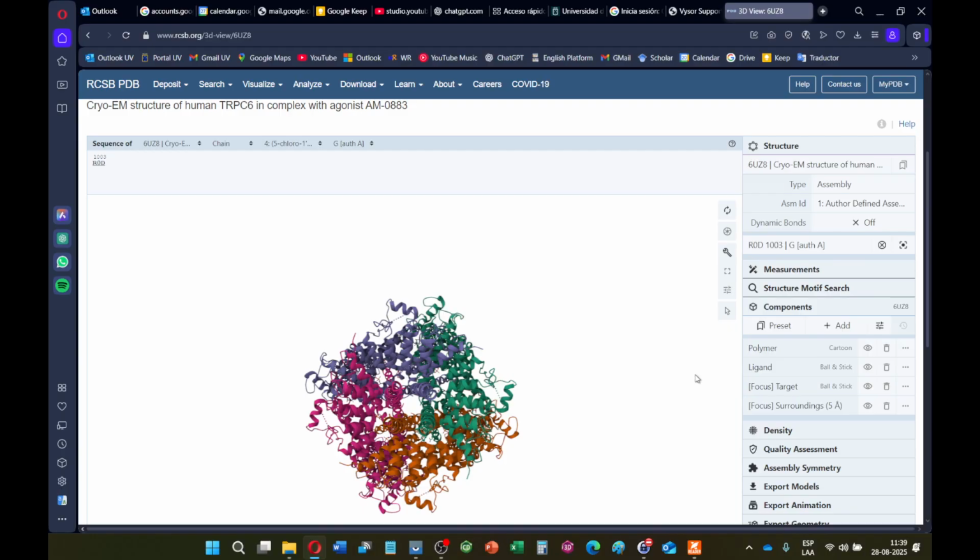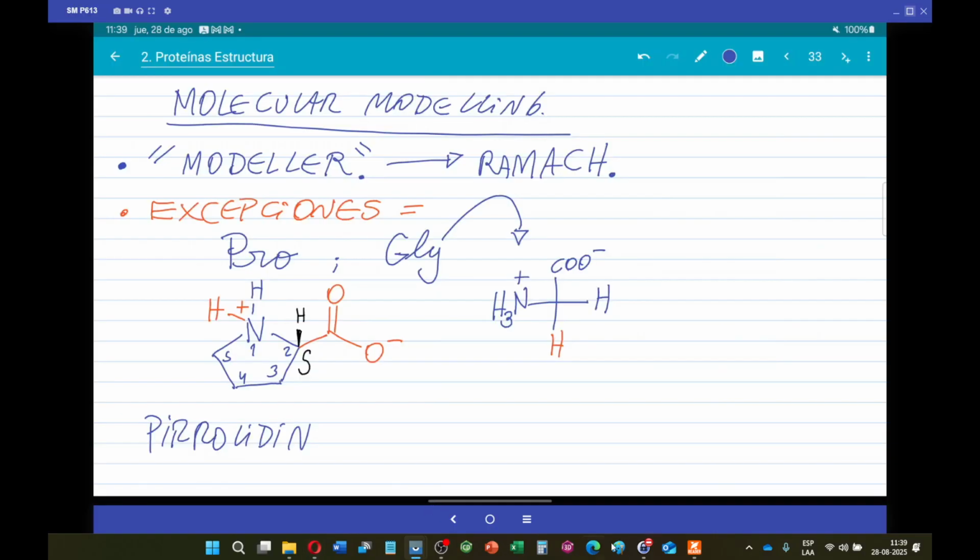Now, note as a title, intermolecular interactions, and give me a second to change the slide. If, for example, as this molecule comes with an agonist, we know that the cavity where it is, there is the cavity for antagonists.